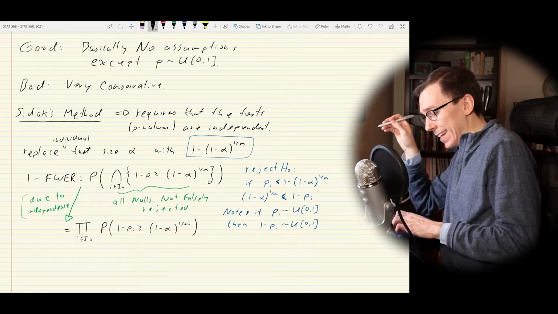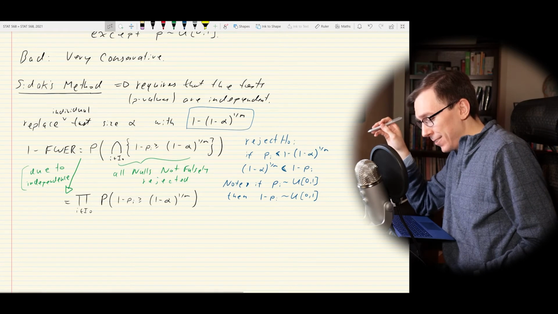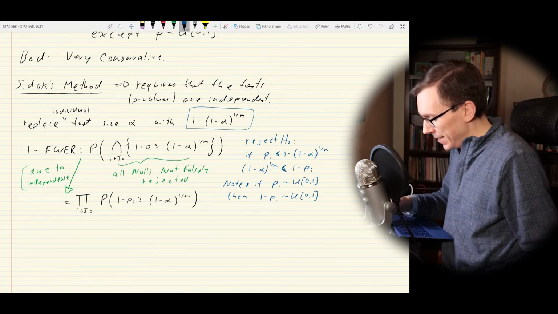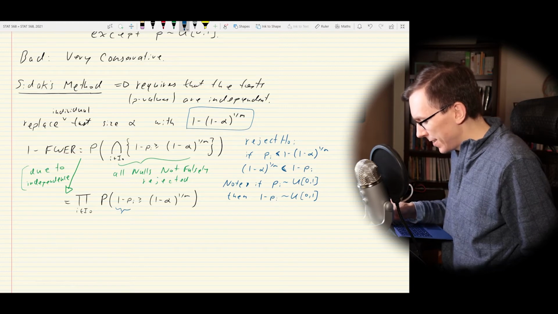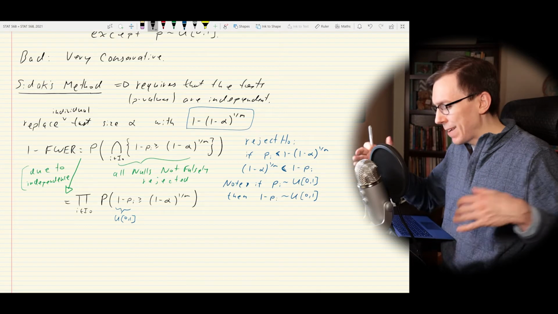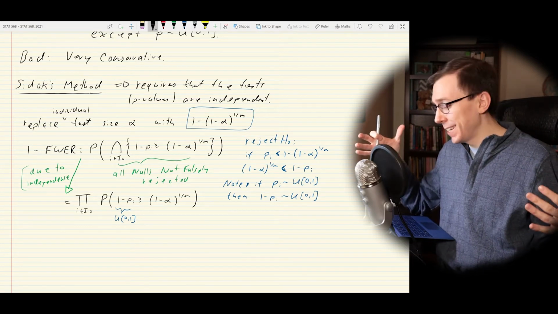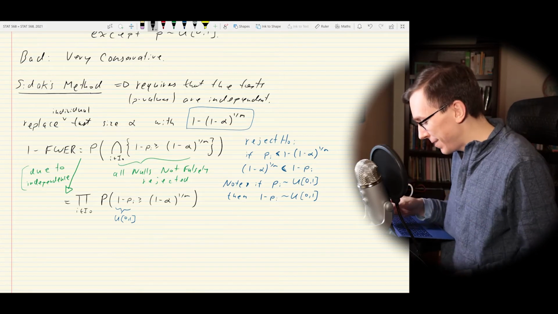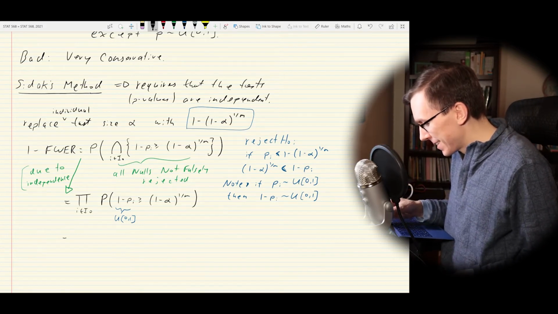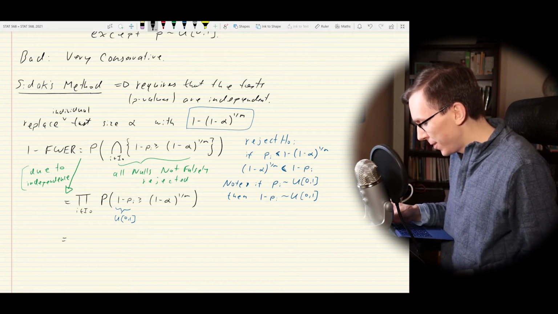Okay, so we have that, and then we note that all of these 1 minus pi's are going to be uniform 0, 1. So even though we have a product over a lot of probabilities, they're all the exact same probability, because they're all just uniform 0, 1.